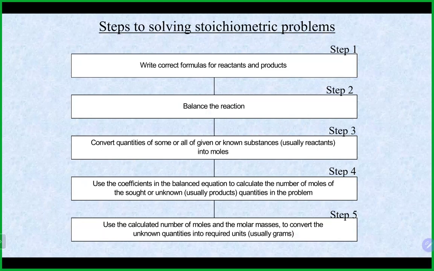The first step you might not have to follow a lot of times, because a lot of times you will be given the equation, but there could be a situation where you're maybe given just everything in words. And in that situation, again, you want to, as we talked about, make sure that you do get all the correct formulas down first, and then you want to balance the equation. So you always want to do it in that order. Don't try to write the equation and balance at the same time.